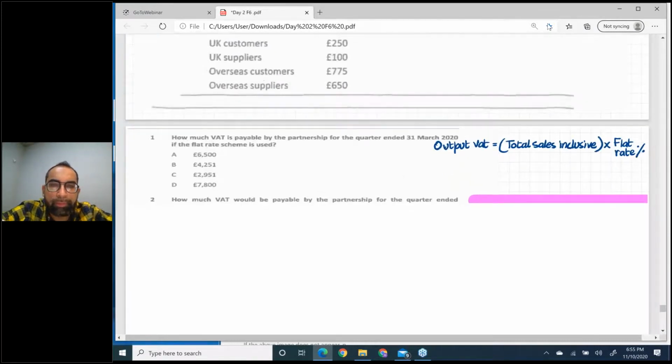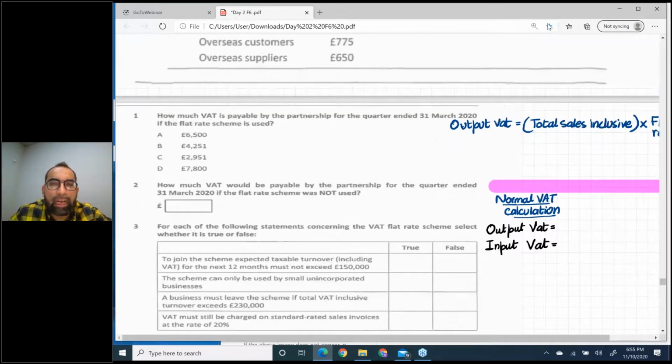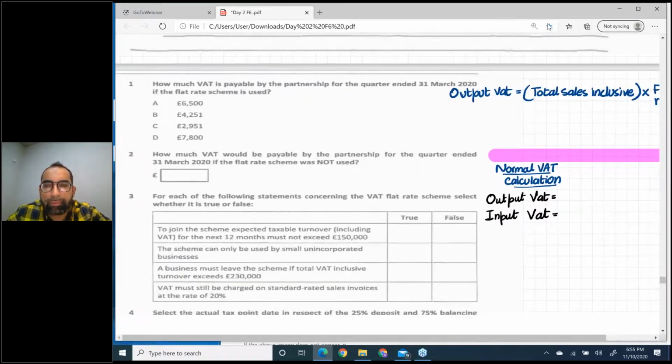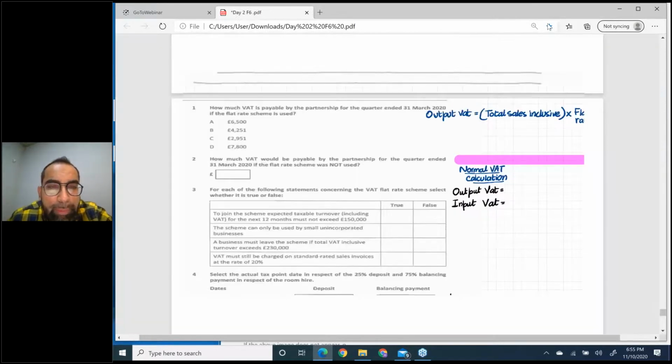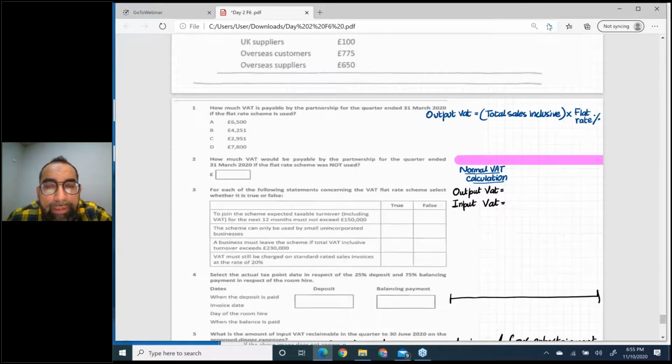Now, see the question: how much VAT is payable by the partnership for the quarter ended 31st March 2020 if the flat rate scheme is used? Now you tell me, boys and girls, when we use the flat rate scheme, there are two news.